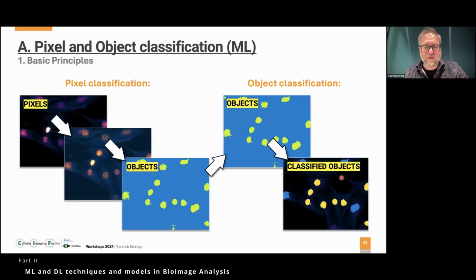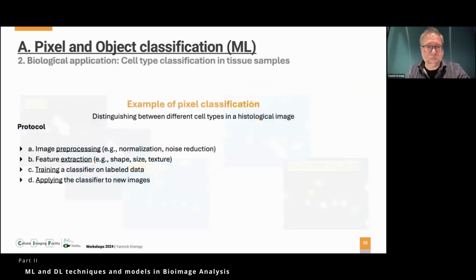And tools like, for instance, Elastic have pipelines that are dedicated to do that. You first train a pixel classifier to build objects, and then you train an object classifier from the objects you have created to classify the objects at the end.